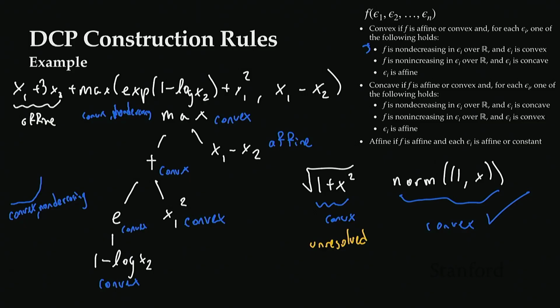Now, this is kind of weird. So that is to highlight that it's up to you to take care in how you specify your functions, because different ways of specifying them might lead to different DCP compliance or non-compliance. So yeah, that's just something to keep in mind.